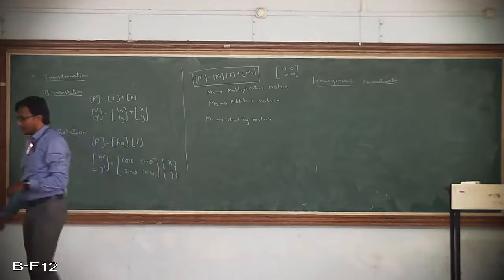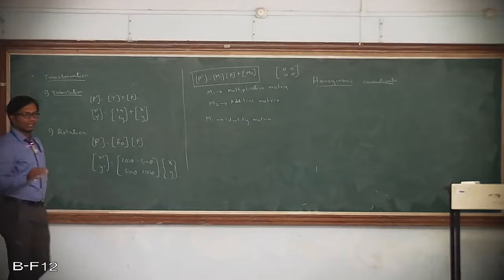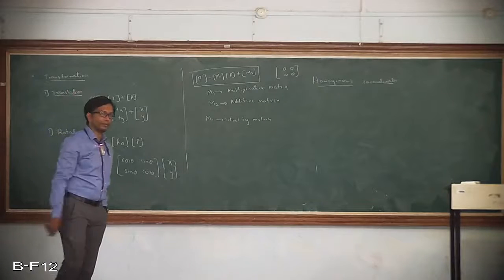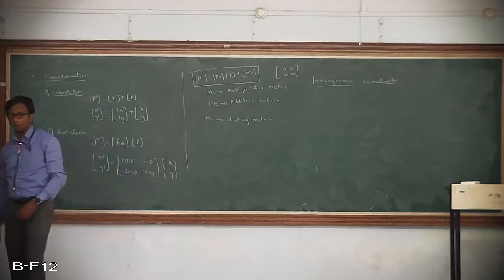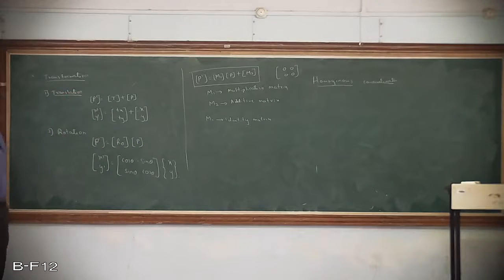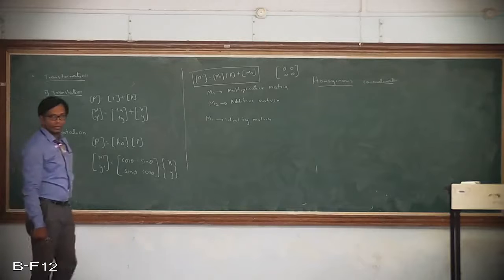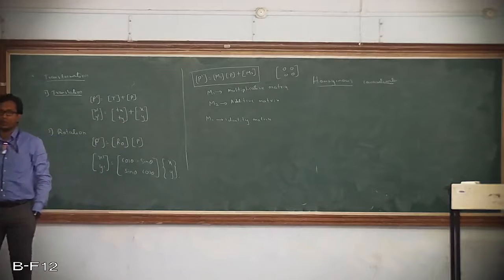So what exactly is happening here? Take a case where a square has to be translated from the origin to a certain point, and then from that point it has to be rotated by a 30-degree or 50-degree angle. There is a series of operations carried out.